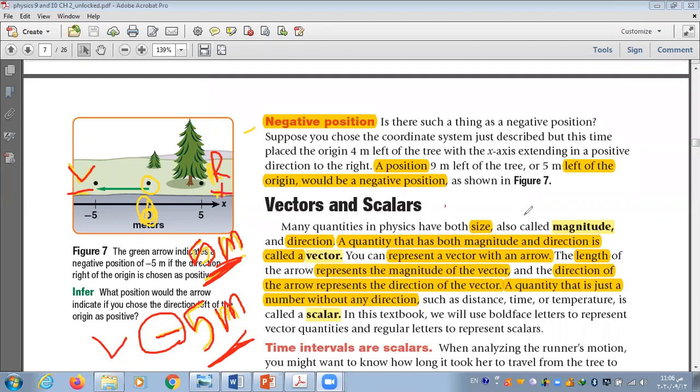Abdullah Wael Kamal is asking whether negative is to the right or to the left. No, Abdullah, if you are the one who is putting the coordinate system, you will choose. In our curriculum, we will take right as positive, left as negative.